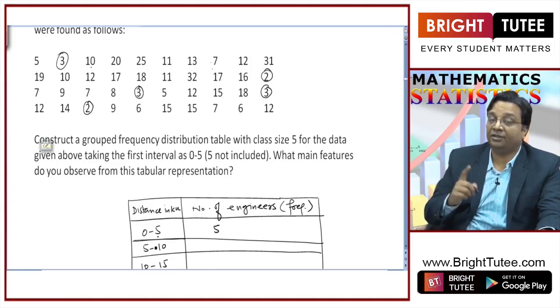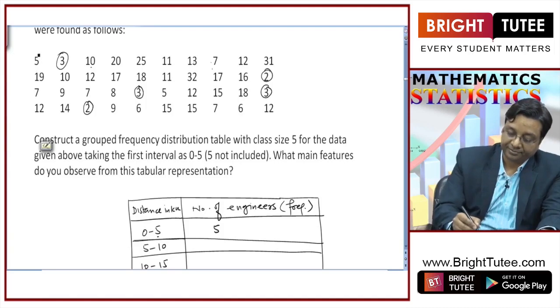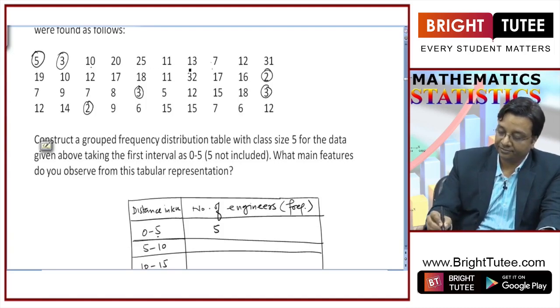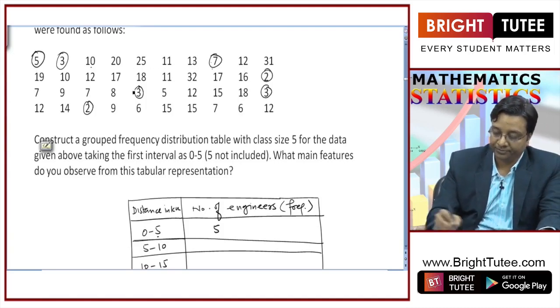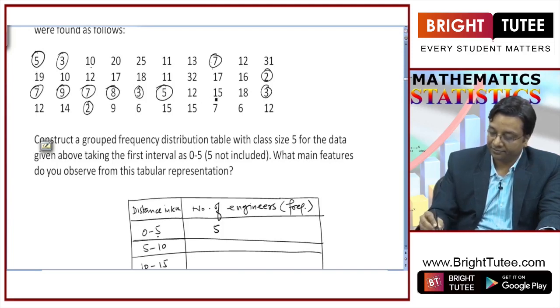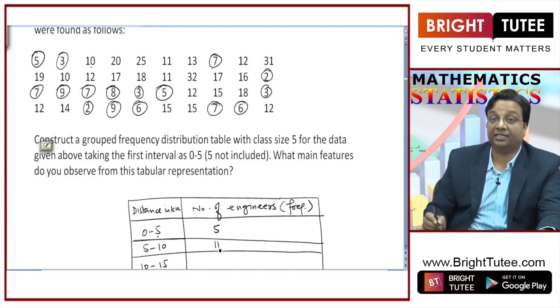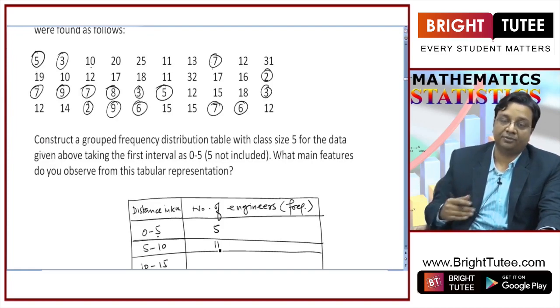Now in this class I will not include 10, but 5 will obviously be included. So 1, 2, 3, 4, 5, 6, 7, 8, 9, 10, 11. So 11 engineers are there who live between 5 to 10 kilometers from their places of work.